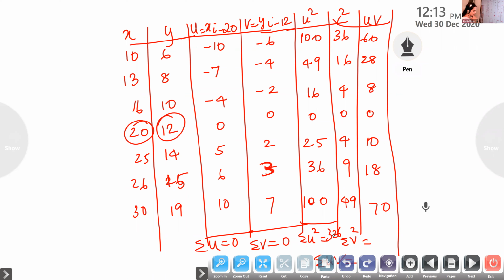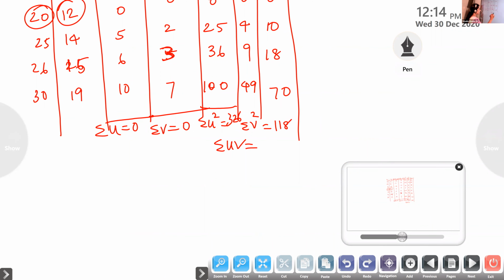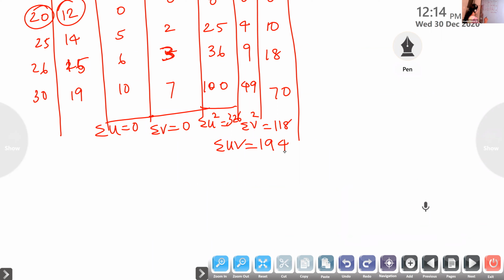Then what about sigma v square? No, no. This is 118. Is it 118, Karthik? Yes, ma'am, it's 118. And sigma uv is 194. Now apply in that formula.